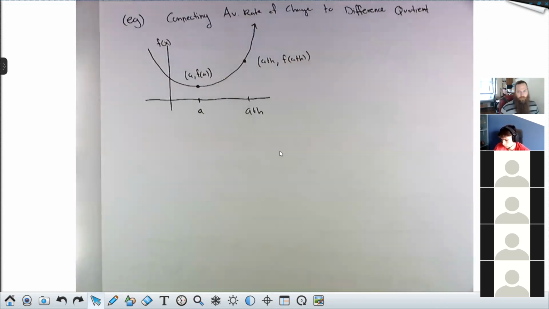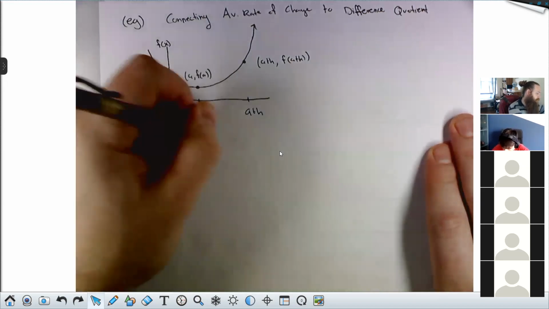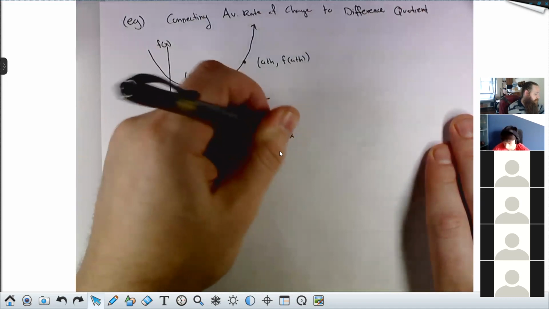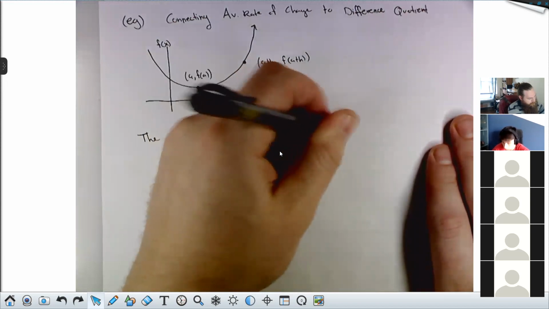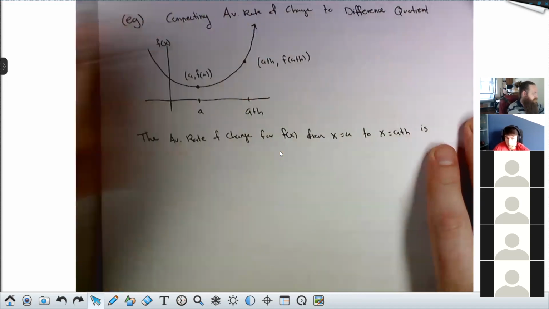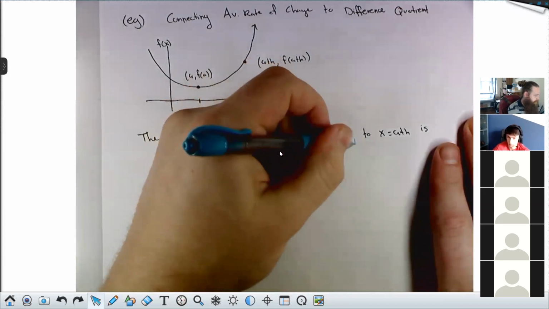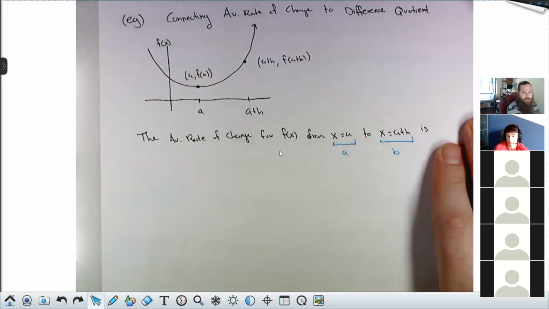This is one of the reasons why I have you guys working with difference quotients in the previous section. The average rate of change for f of x on that interval from x equals a to x equals a plus h is kind of like, here's my a is just a, and here's my b is a plus h.